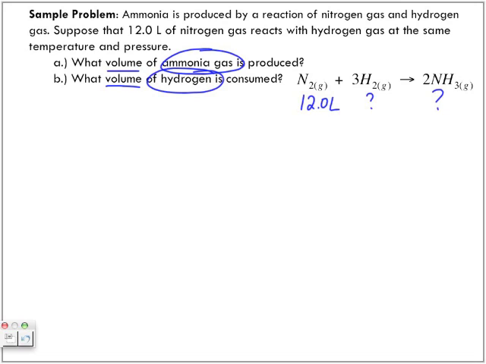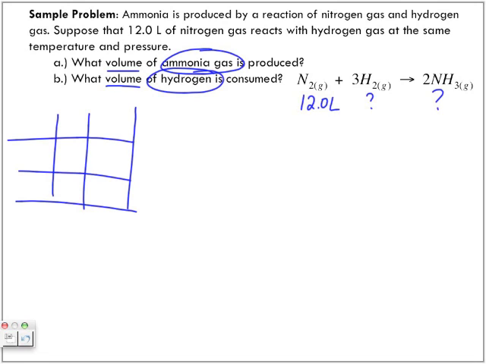So now, going back to stoichiometry, one thing I like to do is list my unknowns first. So we're trying to find hydrogen, ammonia, and we've got nitrogen.